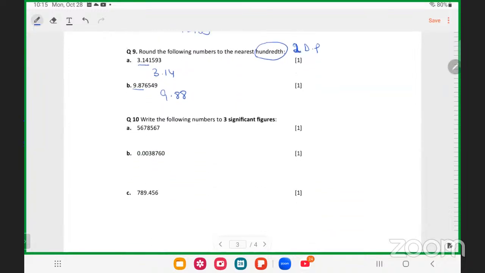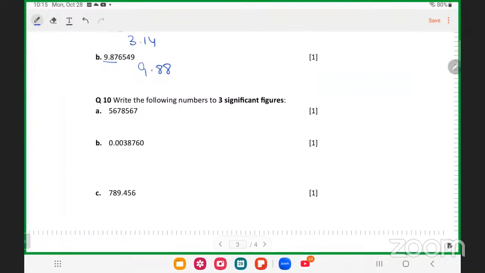Write the following numbers correct to three significant figures. So whenever I have to do something correct to three significant figures, check one extra digit. If this extra digit is greater than 5, add 1 to the previous digit and drop this extra digit along with the digits on the right.